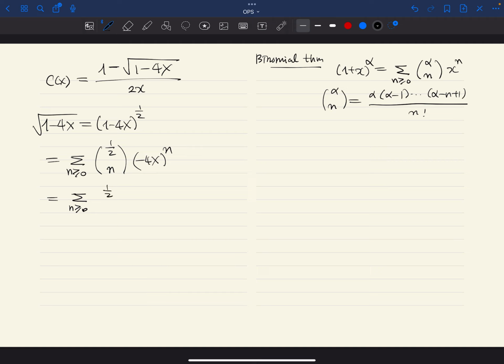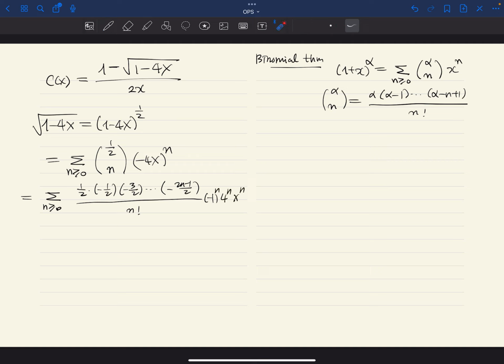Like 1 over 2, now this minus 1, so it's minus 1 over 2, and minus 3 over 2, and the last one is minus (2n minus 3) over 2, over n factorial. And let me separate these things like (minus 1) to the n, 4 to the n, x to the n. Okay? Then how many minuses do we have here? n minus 1 minus signs. So this will be minus.